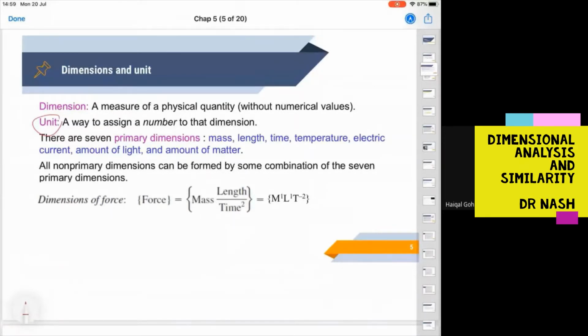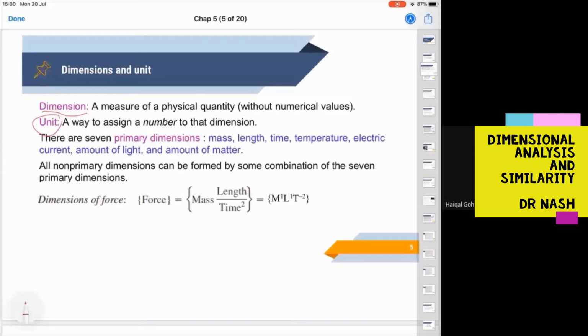Dimensions pula adalah, dimension yang kita nak bincang ini adalah the physical quantity without numerical values. For example, kalau kita kata temperature tadi, unitnya adalah Celsius. Dimensionnya apa? Dia tak boleh lah kita fikir kalau one dimension, two dimension. No, it is not that. It's actually different.